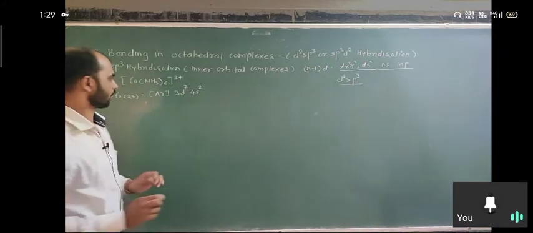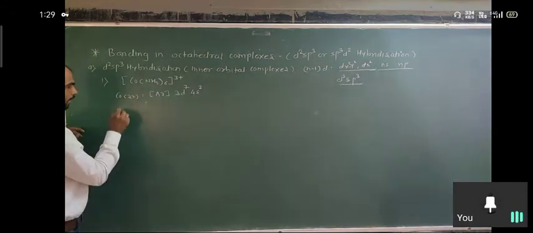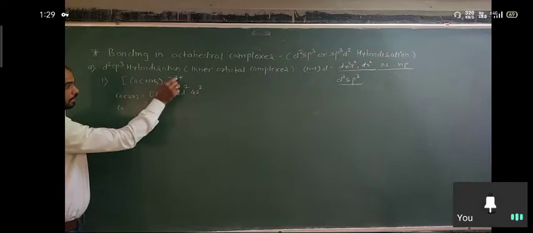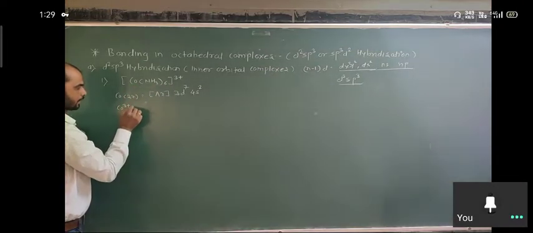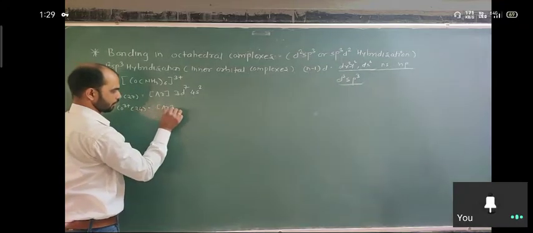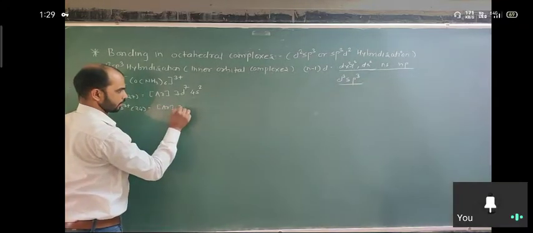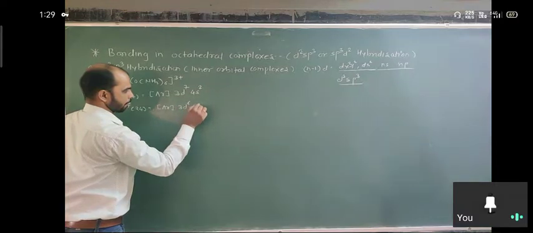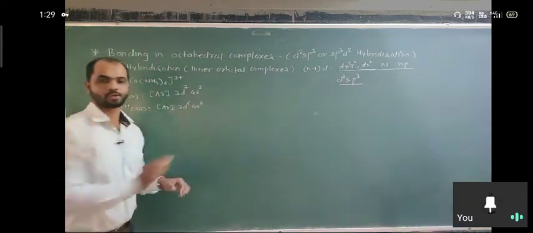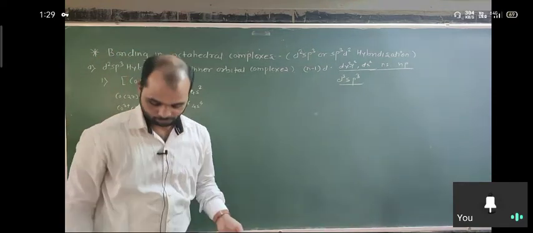Here cobalt has a plus 3 oxidation state, that means there are 24 electrons. So we write the electronic configuration as [Ar] 3d6 4s0.